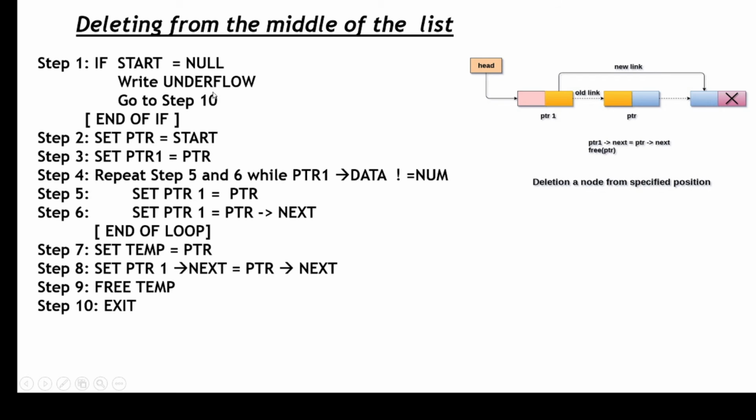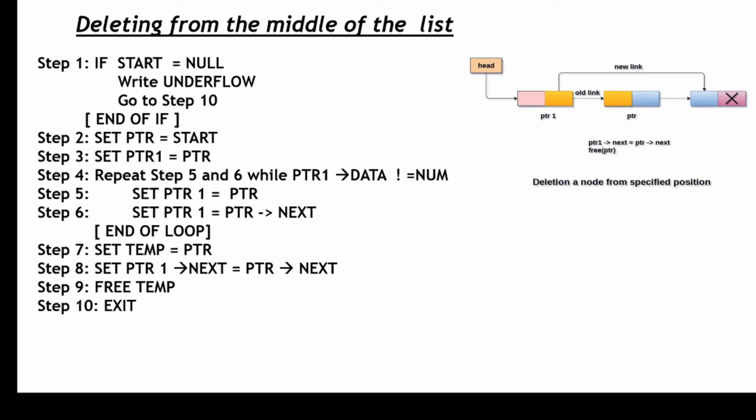At last we can go through the last operation, that is deletion of a node from the middle of the list. In the previous sections we already learned about the pointer variables and how they point to the nodes.